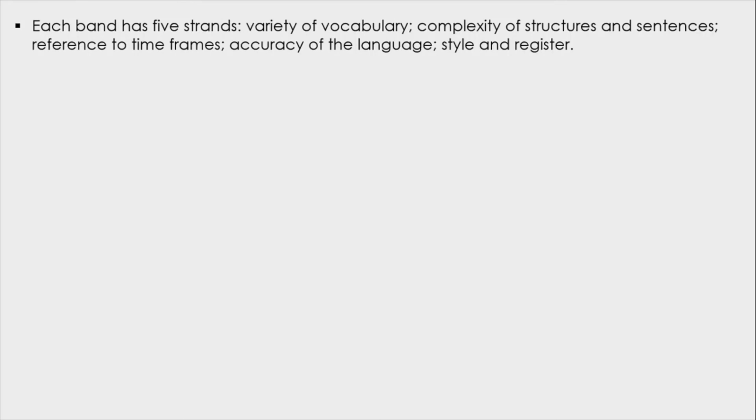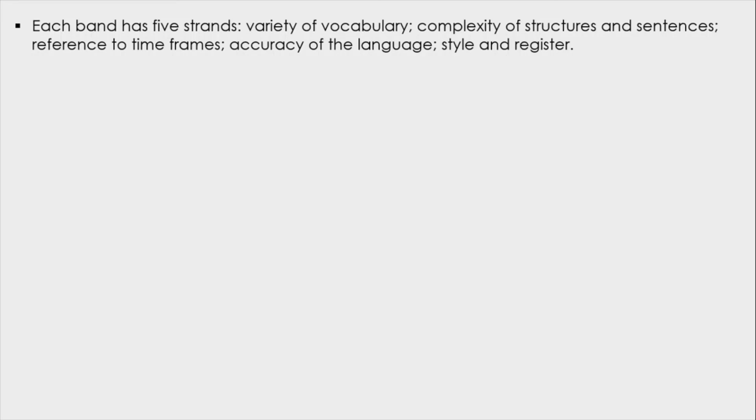Each band has 5 strands. Variety of vocabulary, so you should put different words, do not repeat yourself. Complexity of structures and sentences, so you could use I have to admit that, tengo que admitir que, or suelo ir, which is I normally go, so you've got a very good complexity of structures there.